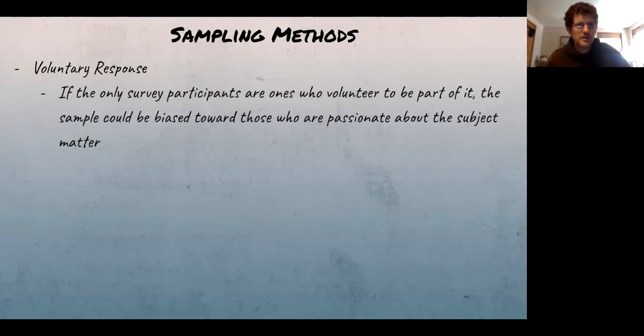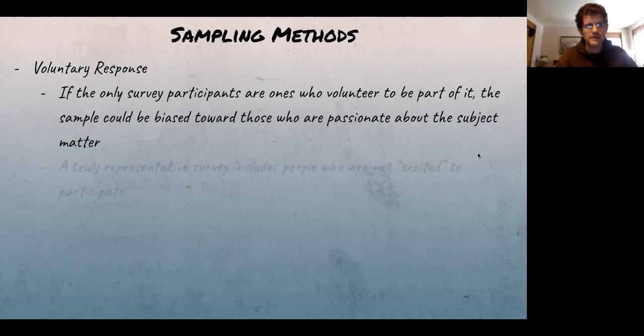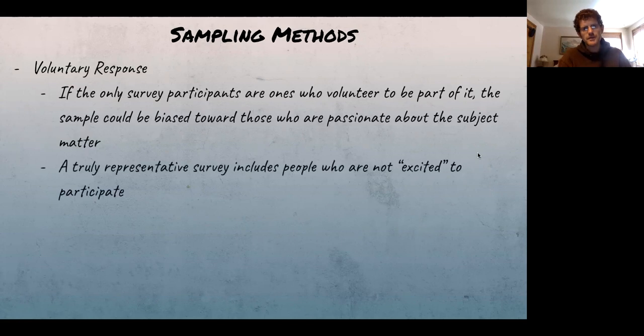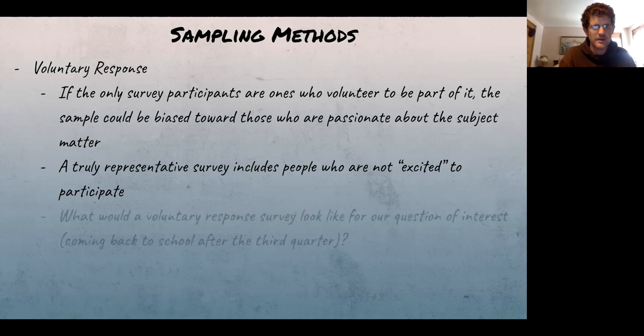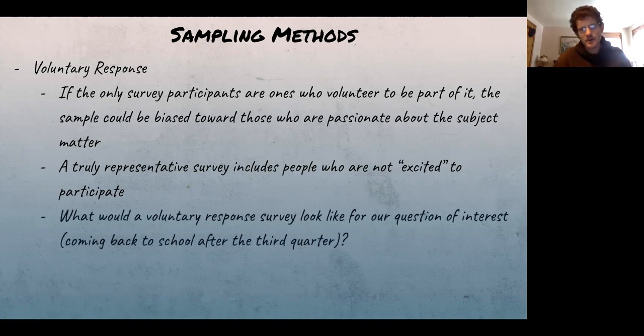If the only survey participants are ones who volunteer to be part of it, the sample could be biased toward those who are passionate about the subject matter. So a truly representative survey includes people who are not excited to participate. They're kind of roped into it. And what would a voluntary response survey look like for a question of interest?